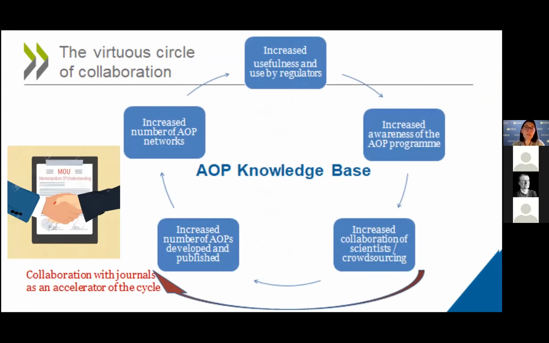So the collaboration with journals is seen as an accelerator of the virtuous circle of collaboration. It would have a direct impact, increasing the number of AOPs developed and published, leading to an increased number of AOP networks, an increased usefulness and use by regulators, an increased awareness of the AOP program, and an increased collaboration of scientists and crowdsourcing, leading to the increase of the development of new AOPs.